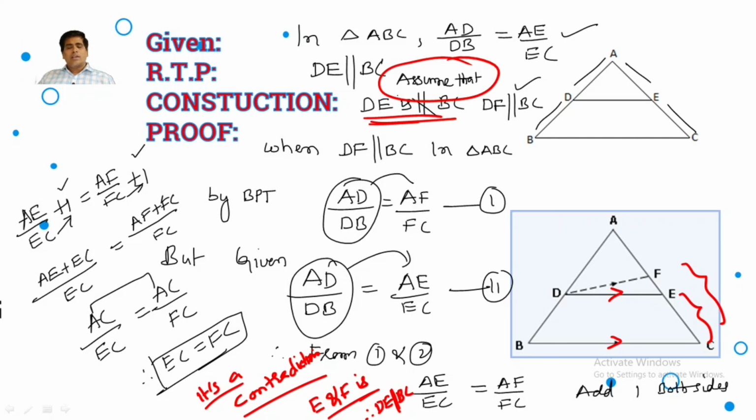So DF is parallel to BC is wrong, and DE is parallel to BC is correct. Hence we have proved that when the ratios are equal, then the line is parallel. DE is parallel to BC. So that is about the converse of the BPT theorem.